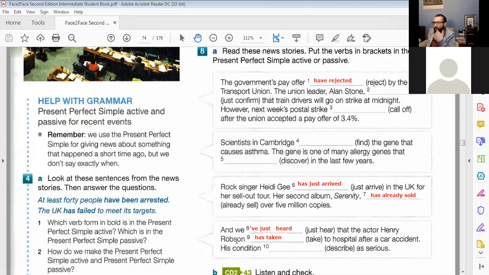His condition has been described as serious.